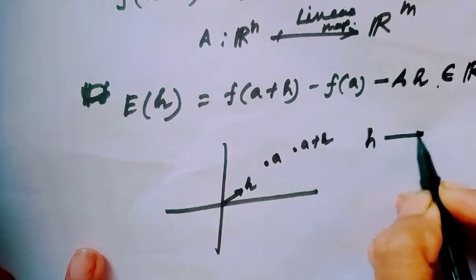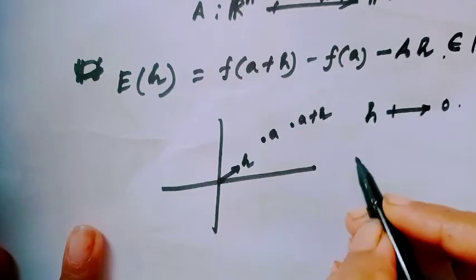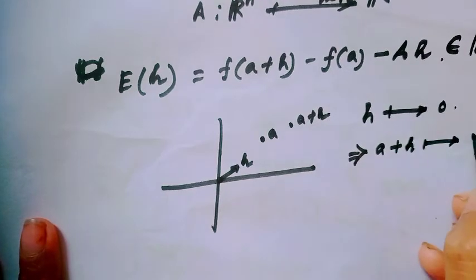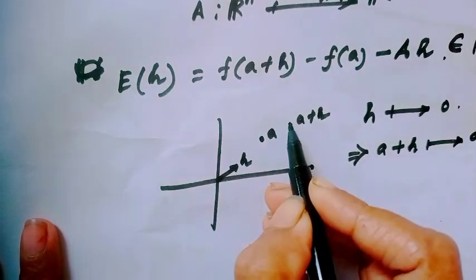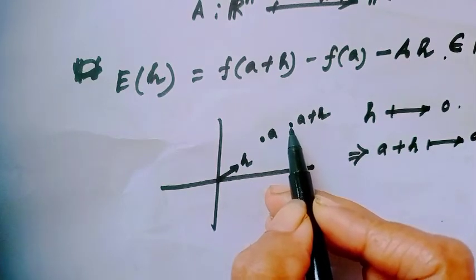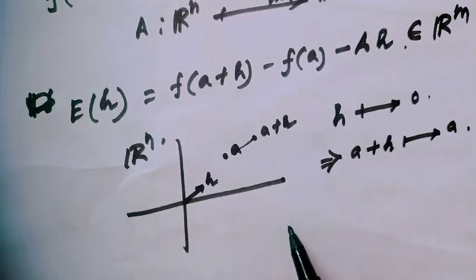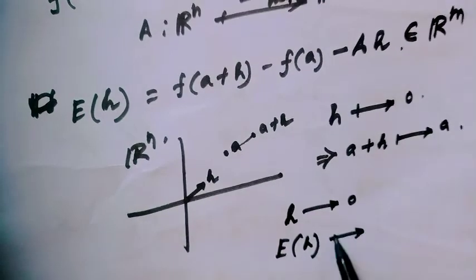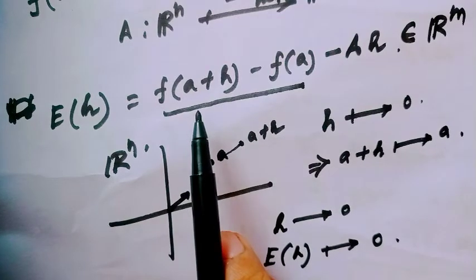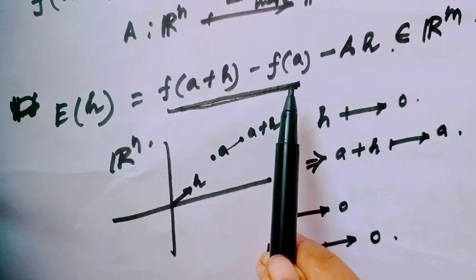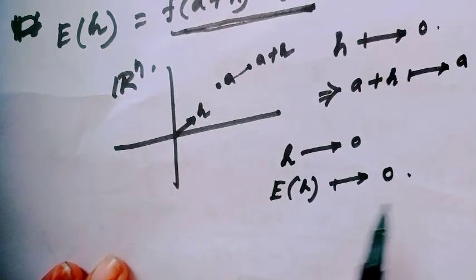If h goes to 0, then a plus h tends to a. Here our aim is, as h goes to 0, this difference f of a plus h minus f of a minus Ah should tend to 0 as h tends to 0.